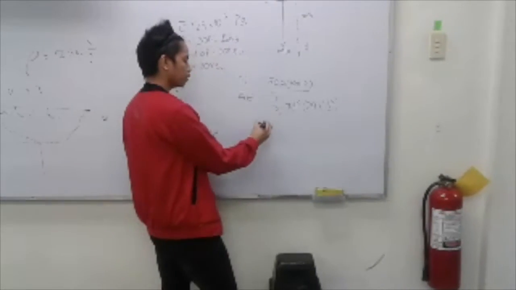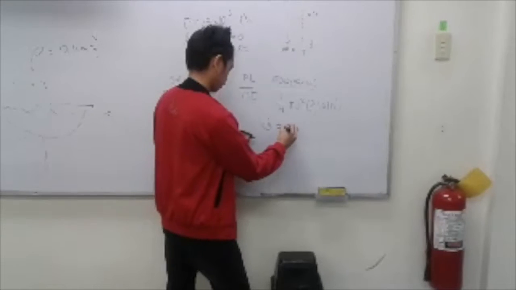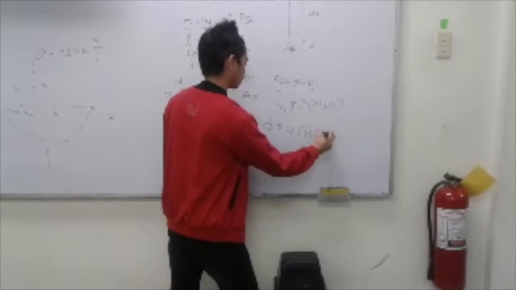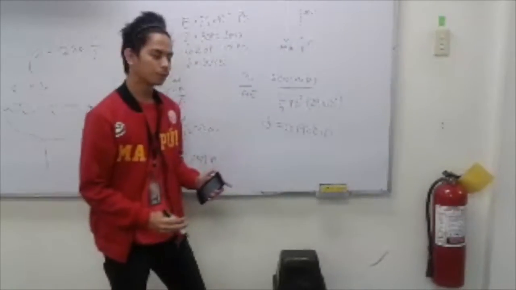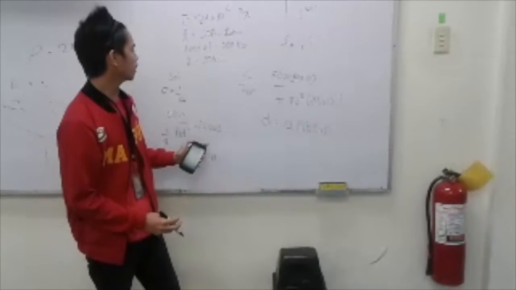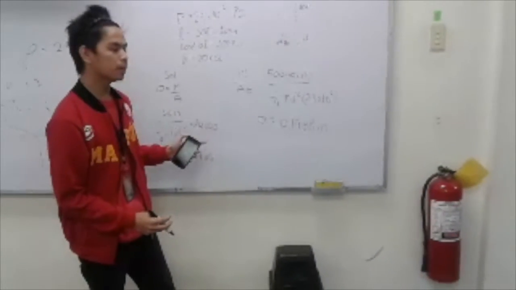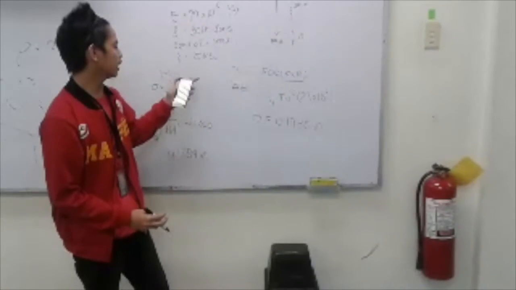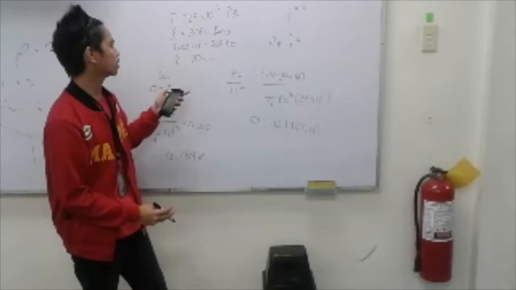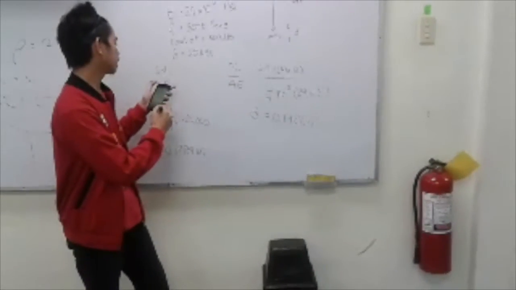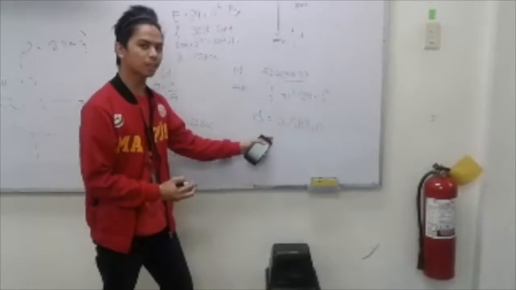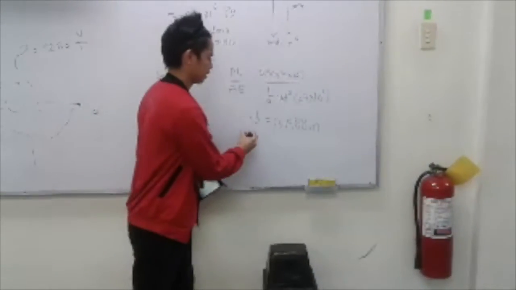This would give us a value of diameter of 0.1988 inches. So, we have to choose which is our final answer. But remember that our limitation is 20 ksi, and that the elongation is also not to exceed 0.20 inches. So, we will pick the value that is higher.